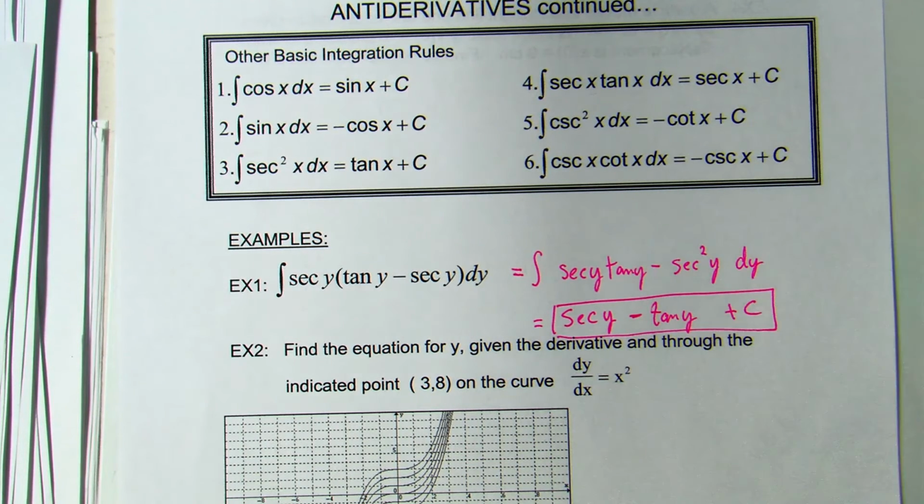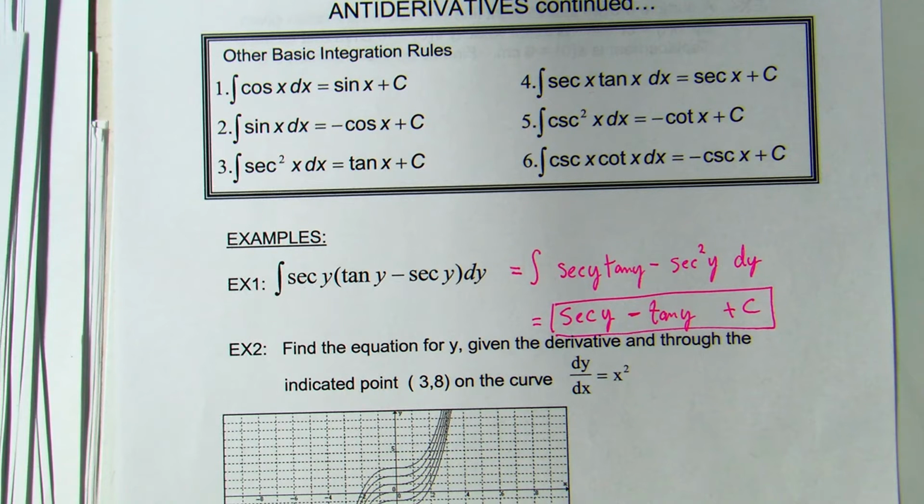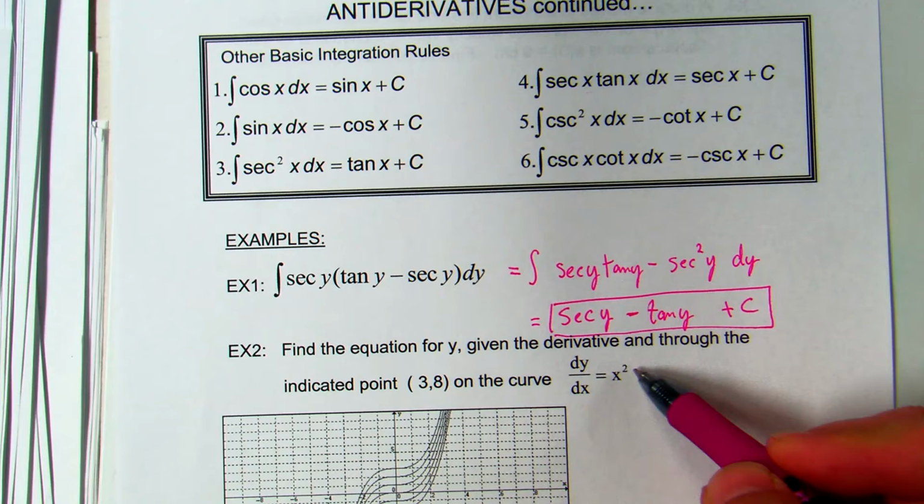Example 2. Find the equation of y for the given derivative and through the indicated point (3, 8) on the curve. We're given dy/dx equal to x squared.